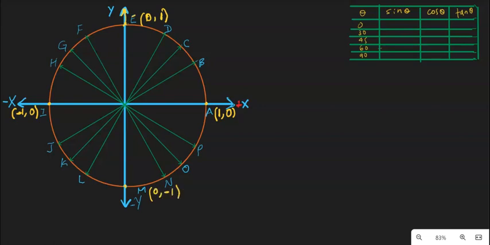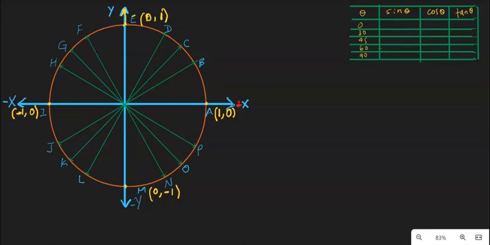So in all 4 corners, the size of the radius is 1 unit. Alright, so we have established the basic mathematical facts, plus we have drawn a unit circle of radius 1.